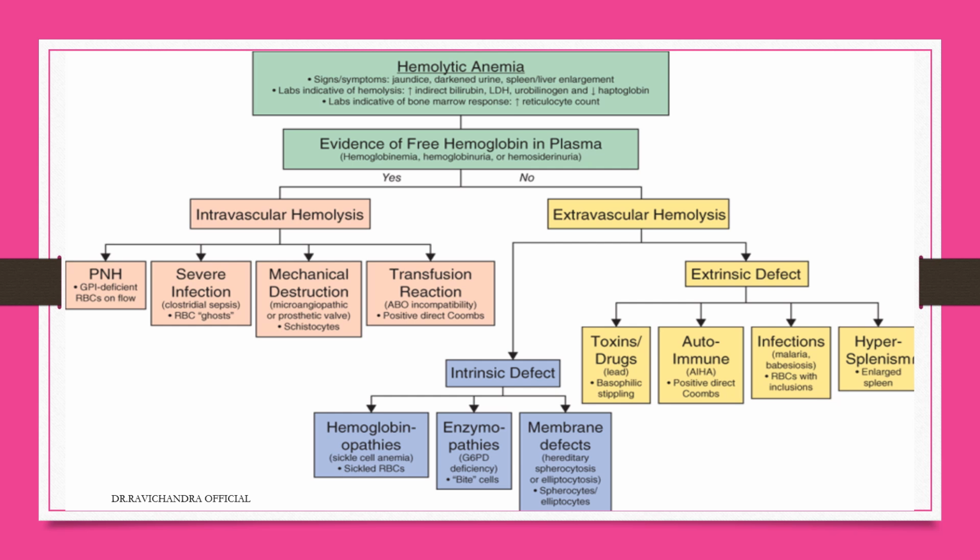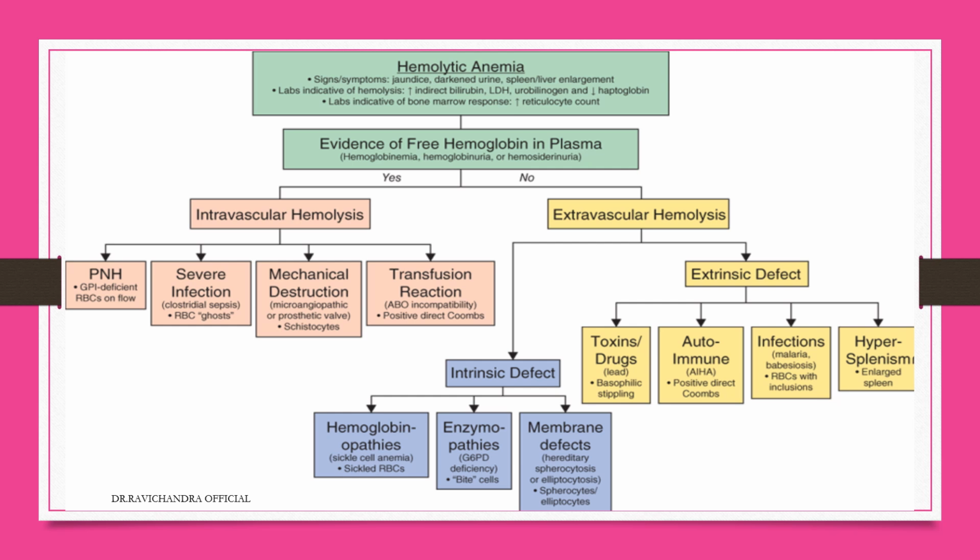In intravascular hemolysis, paroxysmal nocturnal hemoglobinuria, severe infections, microangiopathic hemolytic anemia because of the mechanical destruction of red blood cells, and ABO incompatibility, that is transfusion reactions, will come. Under the extravascular hemolysis, it may be an intrinsic defect or extrinsic defect.